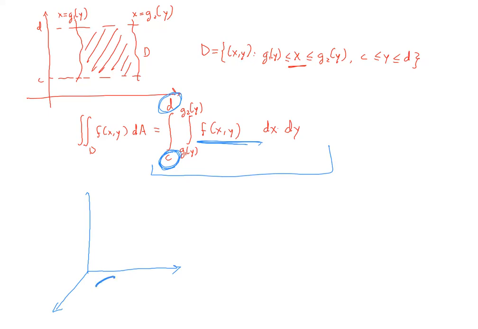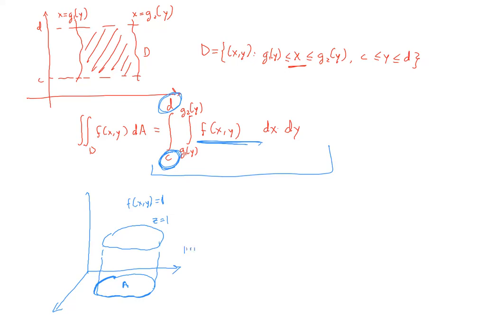So imagine that you have a domain A. Then if you imagine the constant function 1, so imagine that this is the function z is equal to 1, or f of x, y will be equal to 1, then what you get is what we might call a prism.